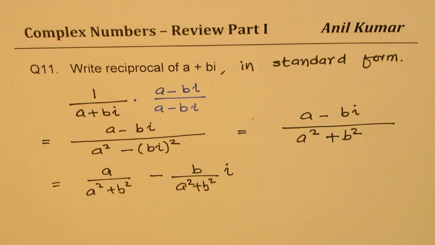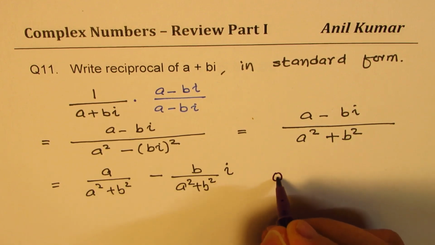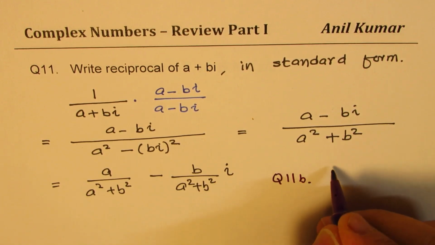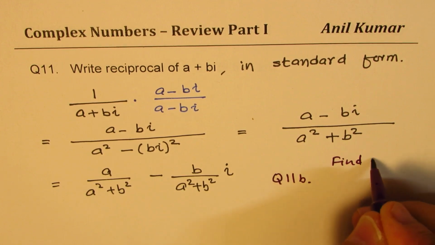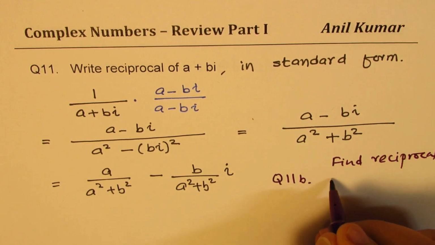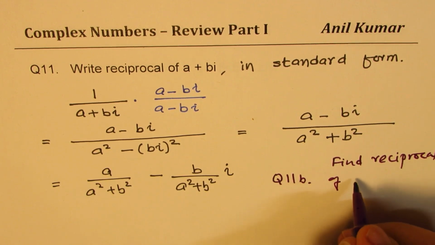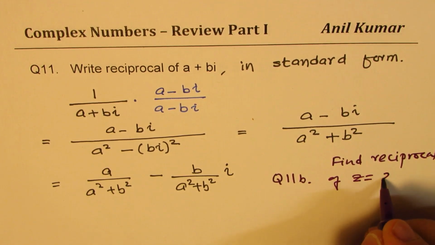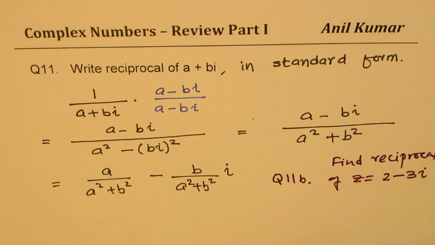Correct? So for you, let me write a question here. Let me write question 11b. Find the reciprocal of, let's say, z equals 2 minus 3i. Is that okay?